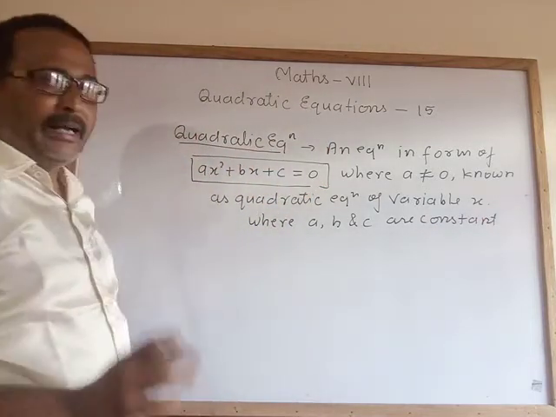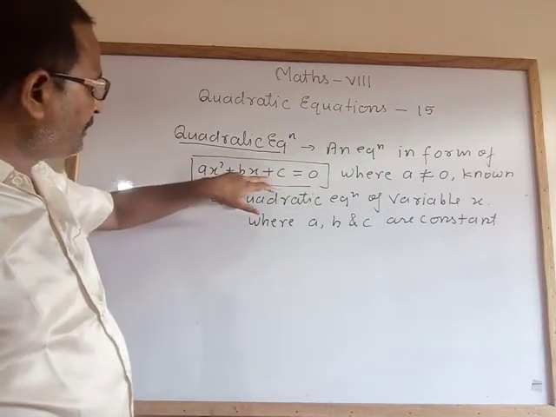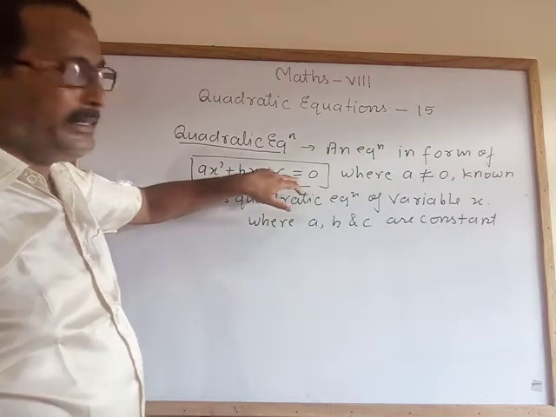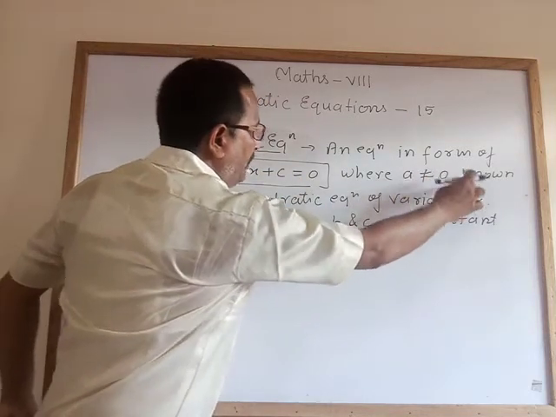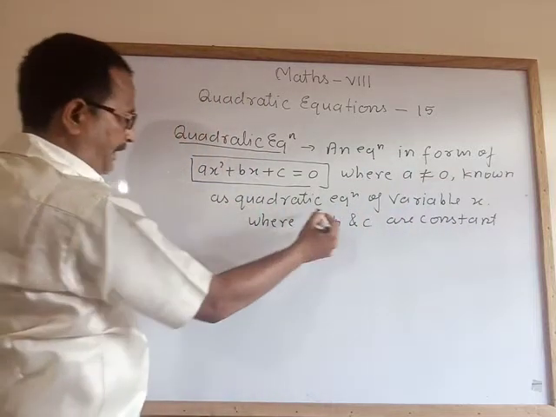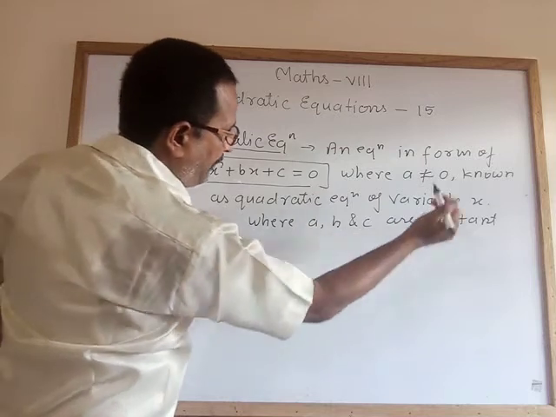Means an equation in the form of ax square plus bx plus c, where a is not equal to 0, is known as a quadratic equation of variable x, where a, b, c are called constants.